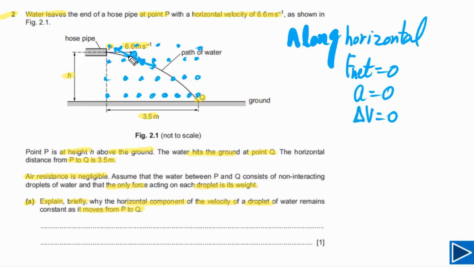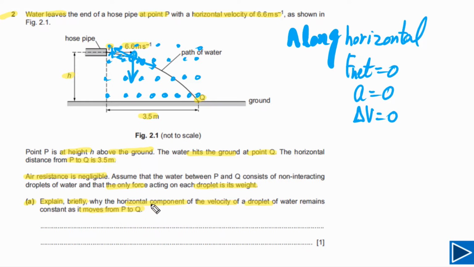So you can see the resultant force on this droplet has two components. One component is upwards and one is to the left. So if there was air resistance, then this droplet will decelerate along horizontal and also it will decelerate along vertical. But in this case, there is no air resistance. So the horizontal component of velocity will not change, but the vertical component of velocity will change because there is gravity that is acting in downward direction.